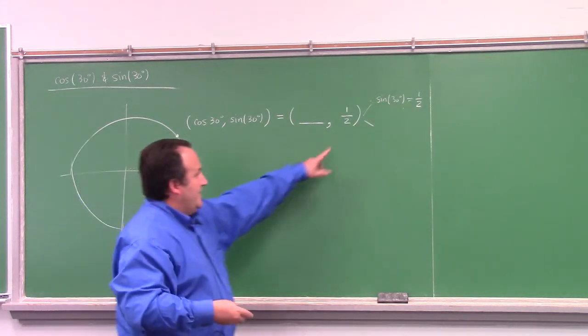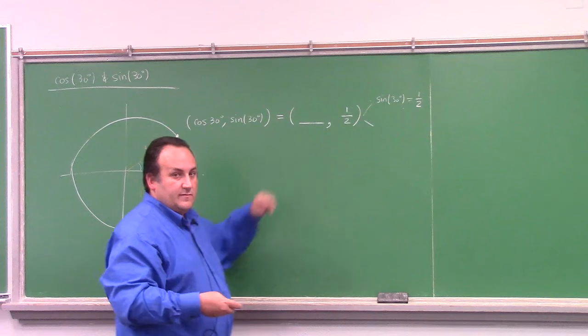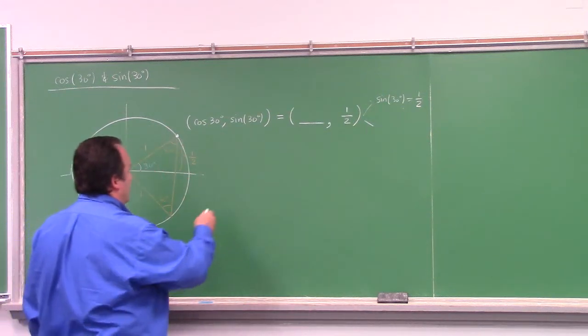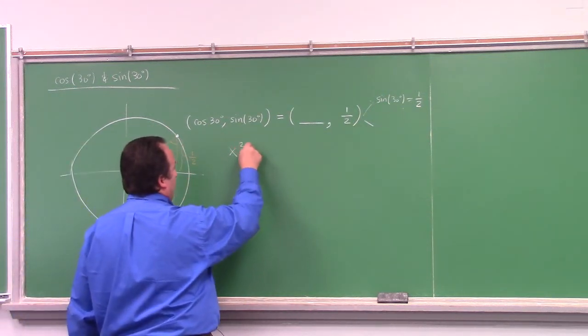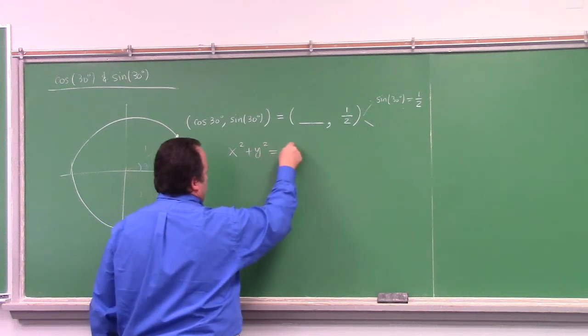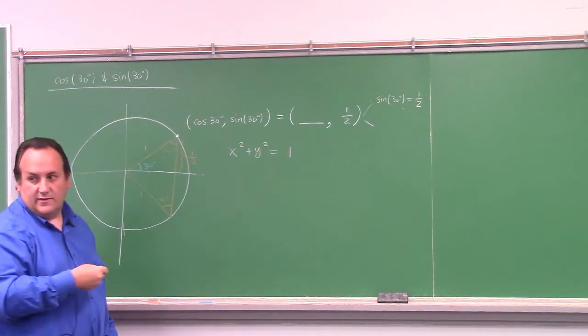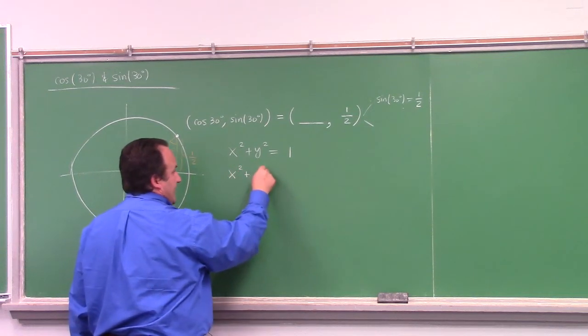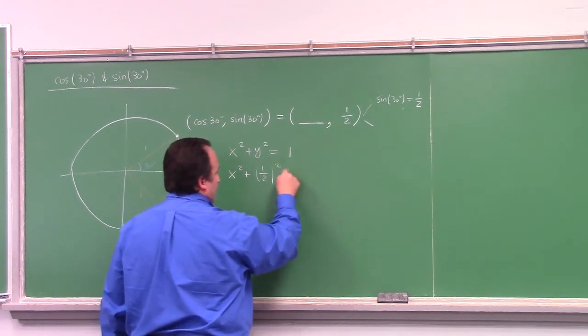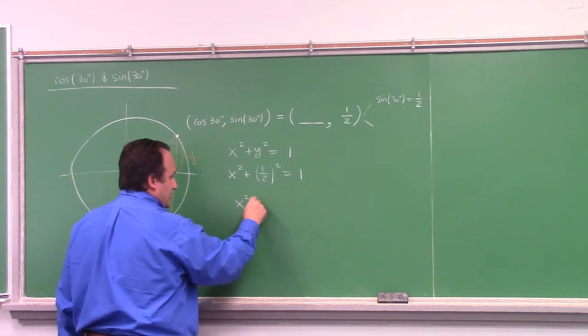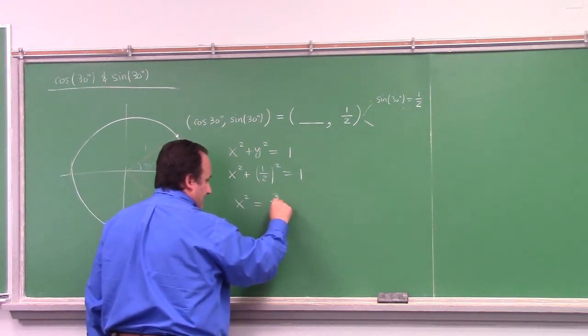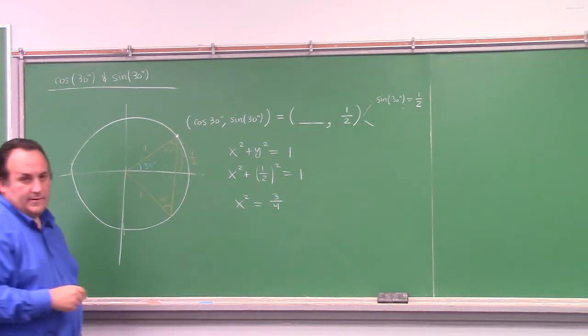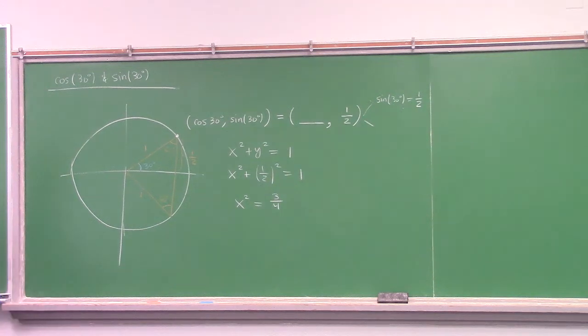So you guys tell me, if that's half, what has to go here? Remember, we know that x squared plus y squared equals 1 for the unit circle. So we're trying to figure out what x is. We have x squared plus 1/2 squared equals 1, which gives me x squared equals 3/4. I take the square root of both sides. Remember, I have to allow for plus or minus.